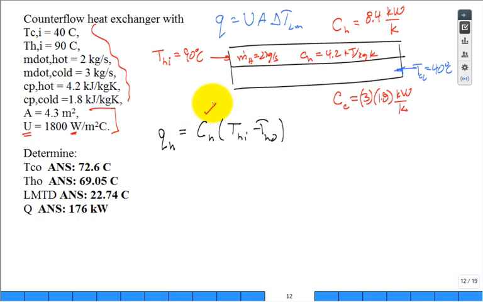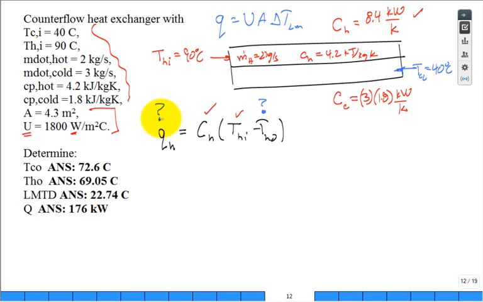Do I know that term? Do I know the value of C_H, which is the heat capacity rate of the hot fluid? Yeah, it's right there. Do I know the temperature of the hot in? Yes. Do I know the temperature of the hot out? No. Do I know how much heat is transferred in this heat exchanger? No. I have 2 unknowns, 1 equation.